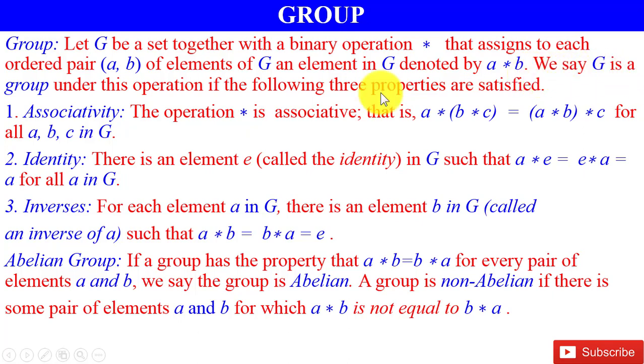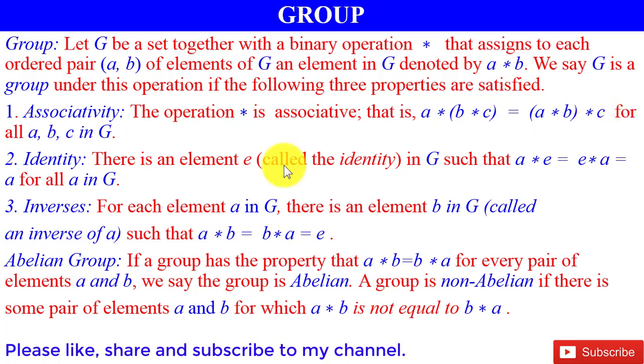We say G is a group under this operation if the following three properties are satisfied. First, associativity. The operation star is associative, that is, (a star b) star c is equal to a star (b star c) for all a, b, c in G.